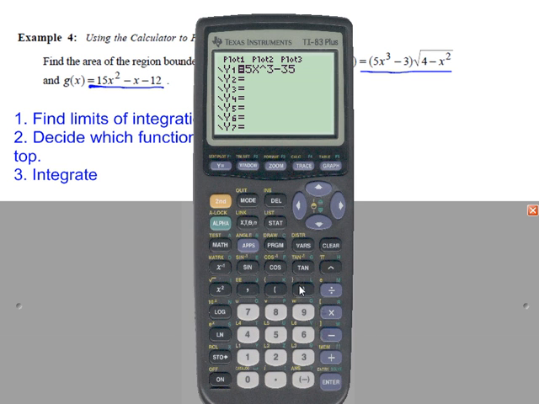So I'm going to put in the first function. So I have both these equations put into y1 and y2. I'm going to graph them and see where they intersect. This graph is a little tricky to see, but I think it'll be easier if we adjust the window. So let's look to -15, go down a little bit.